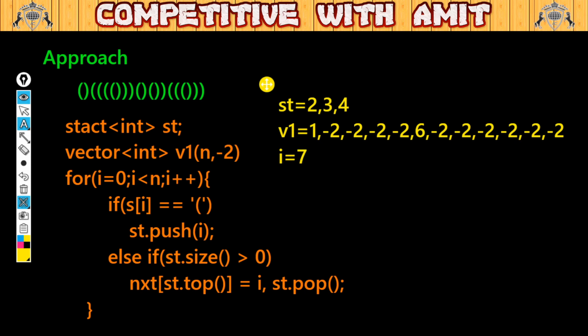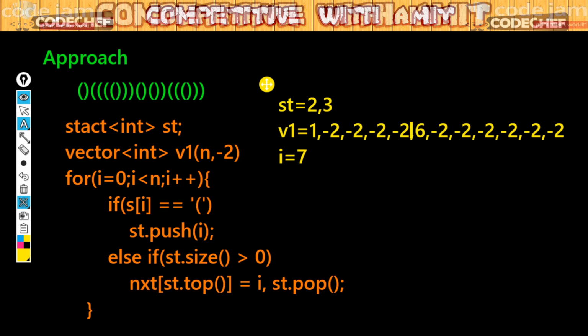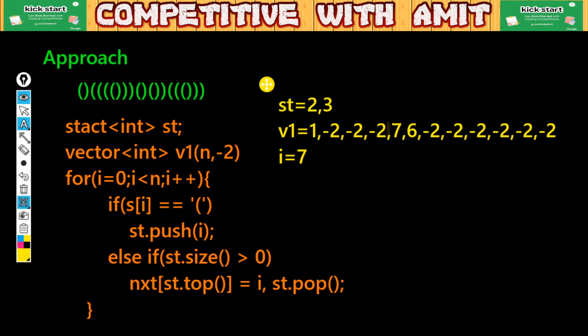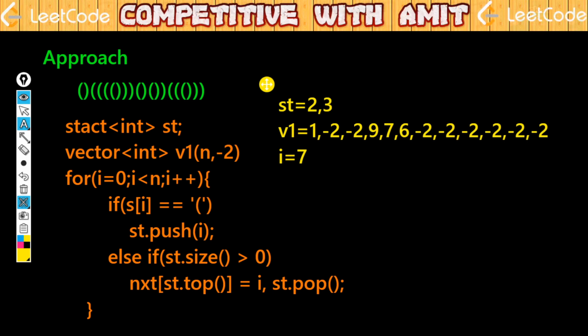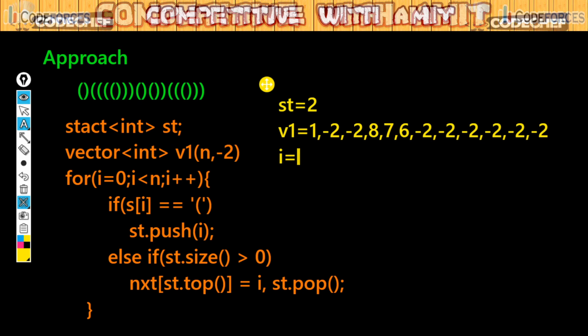Now 7 will come. Now again we will check the stack, so 4 will be pushed back, and that place will get 7. At this place we'll get 9, sorry, 8. Now 3 will be pushed back, and now our iterator will be on 9.